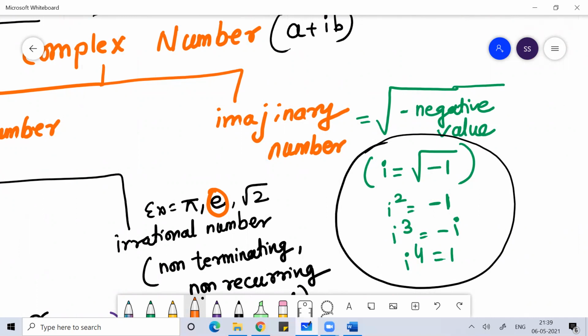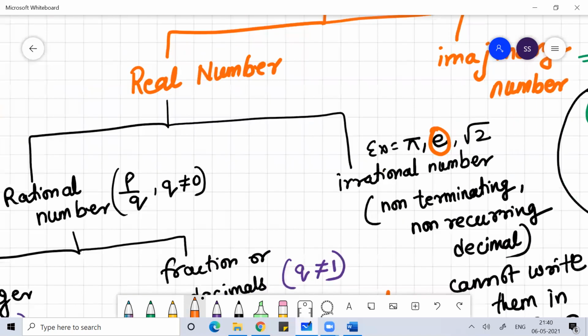After the work of Leonhard Euler and the mathematician Gauss, the relevance of imaginary numbers in physics, in concepts like electromagnetism and alternating current, was recognized, and now we see a lot of application of imaginary or complex numbers in our day-to-day life.